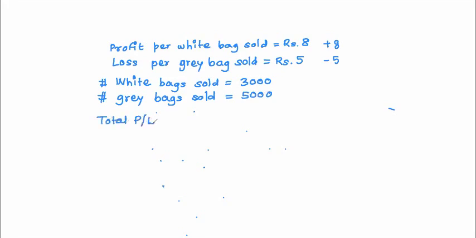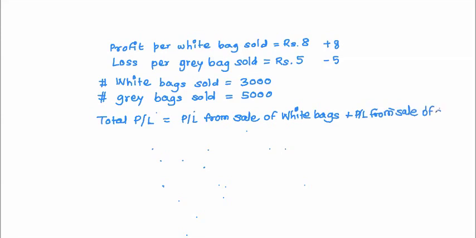So total profit slash loss is equal to profit slash loss from sale of white bags plus profit slash loss from sale of gray bags.